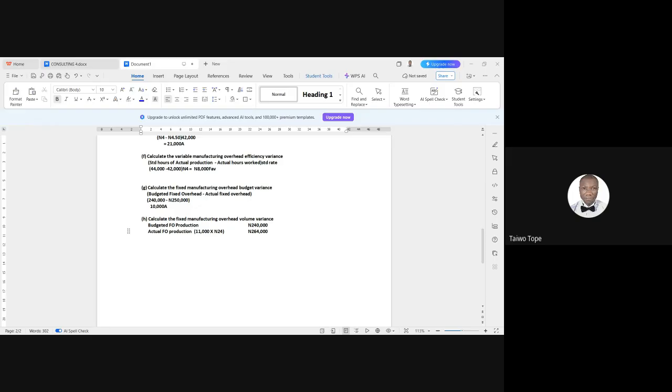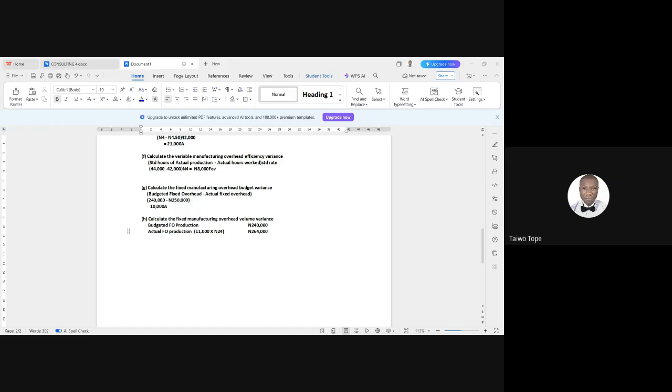It means you've over absorbed, and there will be more benefits to the organization. So when your actual is greater than your budgeted, you have a favorable result in terms of fixed manufacturing overhead volume variance.